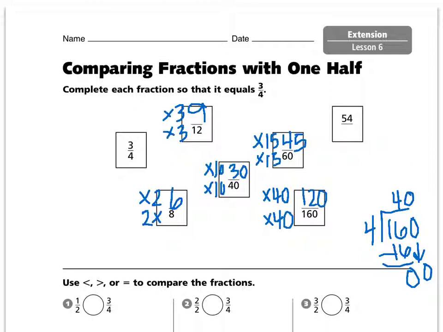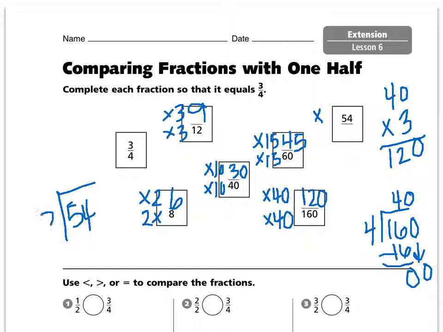If I didn't know that, I could have done 3 times 40, 0, and 12 in order to get my answer. And then I have the numerator for this one. 3 times what equals 54. You might want to put 54 in the house, divided by 3. 3 goes into 5 one time. 2's left over, bring down the 4. 3 goes into 24 8 times.